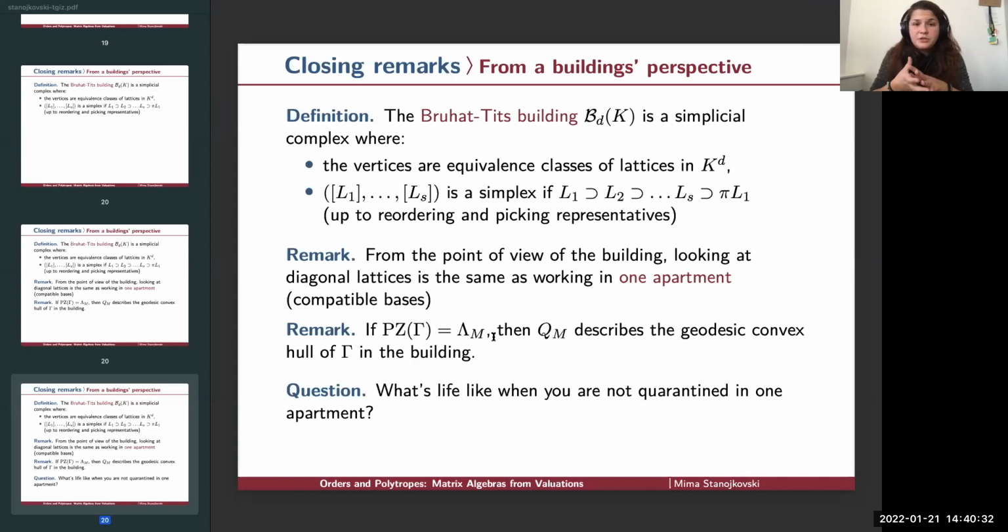And these we call polytropes. So this is another paper which we finished recently. But yeah, what happens after that, we don't know, and we're very excited to know.